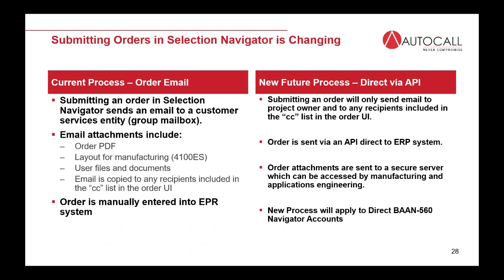And that new process will apply to direct Barn 560 Navigator accounts, which is currently our US customers. And this functionality is planned to extend to a wider audience next year when we're going to harmonize all of our ERP systems. So next slide, please, Peter.